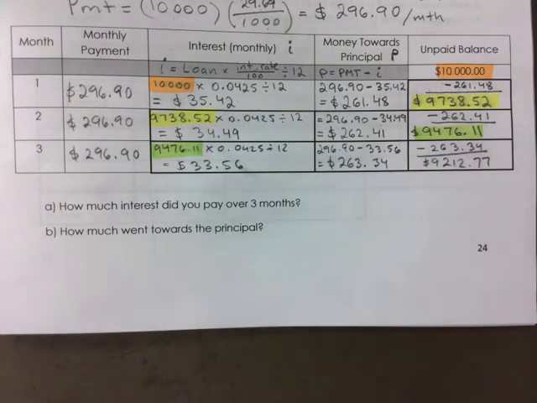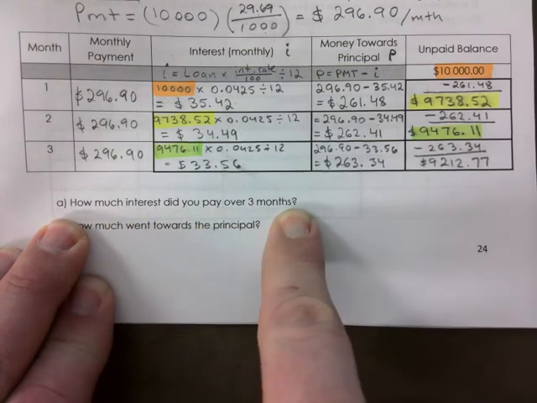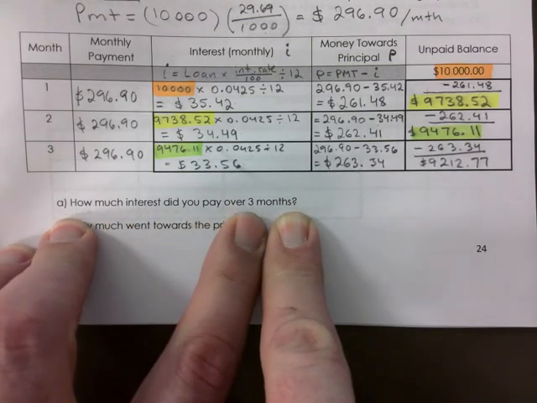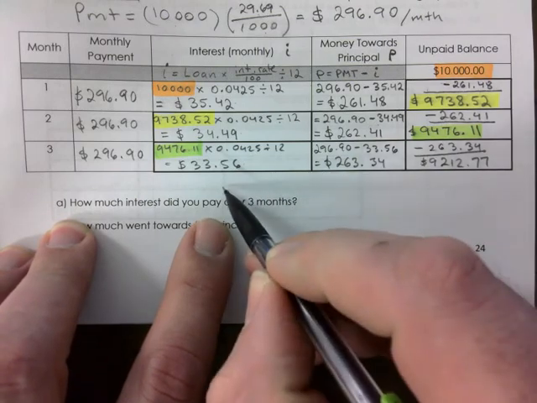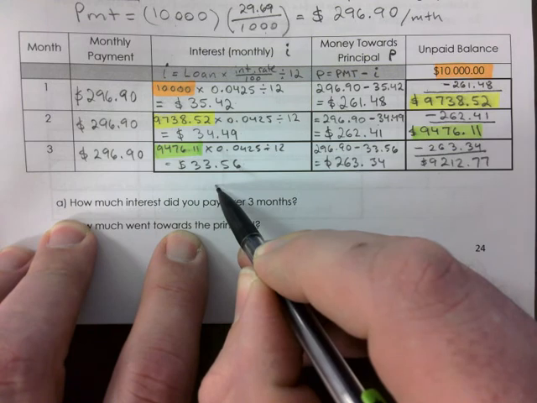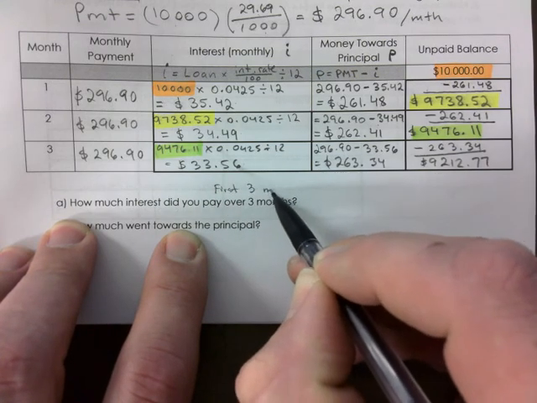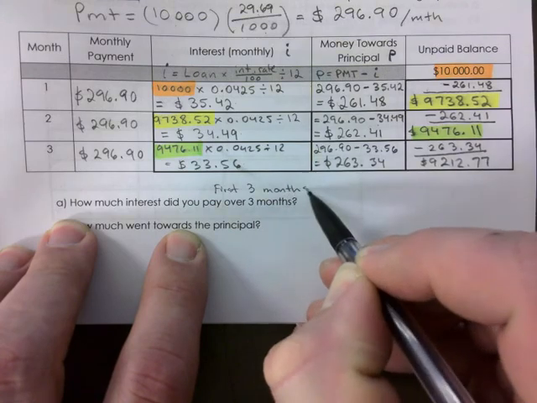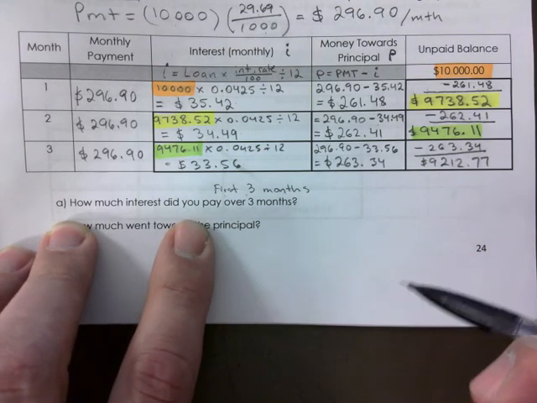All right, so let's answer this question here. How much interest did you pay over 3 months? The first 3 months, I should say. It's not just any 3 months, it's the first 3 months. Okay?